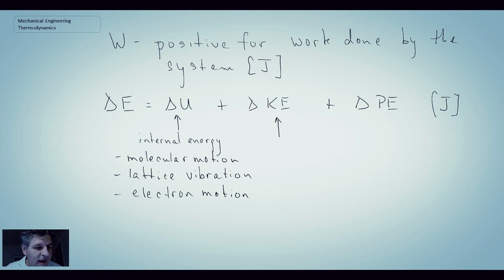Delta KE refers to the macroscopic motion of the system. So this would be if you have a big chunk of a bunch of molecules and they move together all at the same velocity. Even though the molecules themselves are moving around, this refers to all of them moving macroscopically.